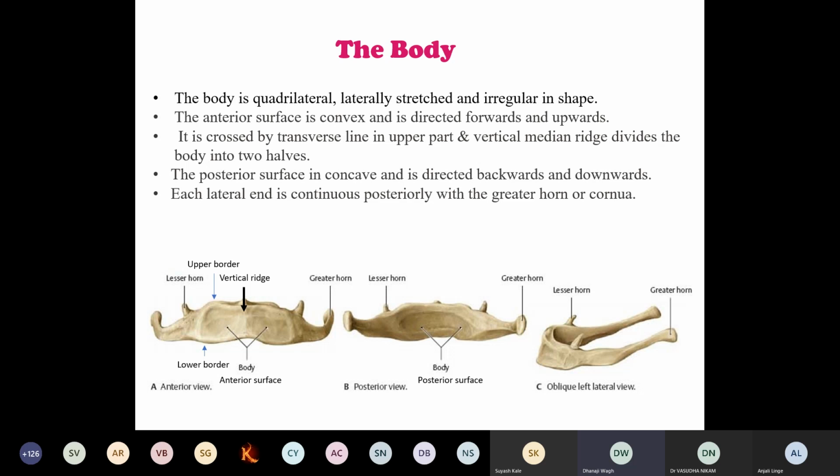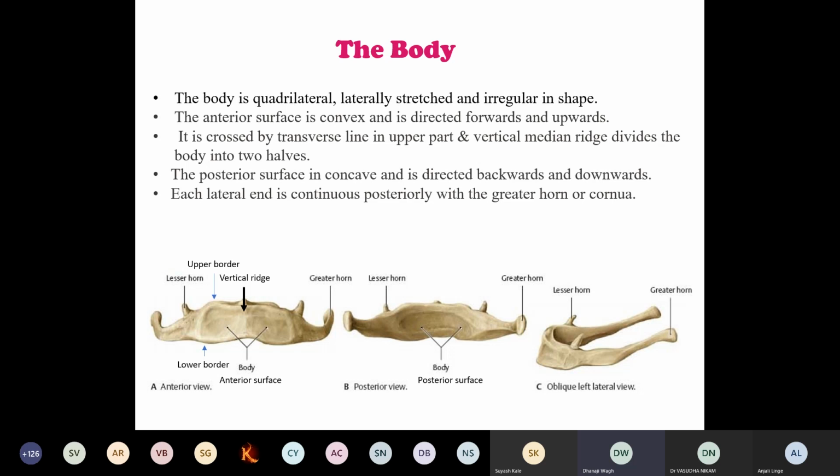So the anterior surface is convex, directed forward and upward, and presents a transverse line and a vertical median ridge. The posterior surface is directed backward and downward, and it is concave.